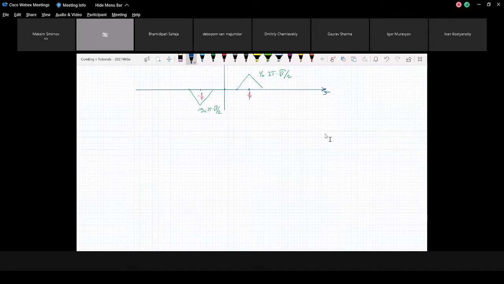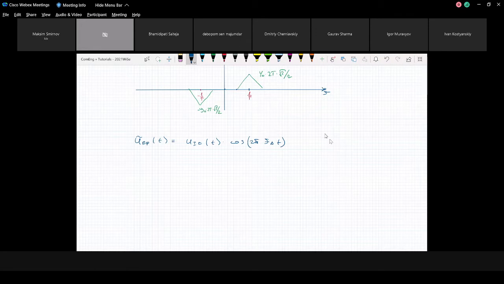We have that the bandpass signal equals, at intermediate frequency, E times cosine of 2 pi f delta t.